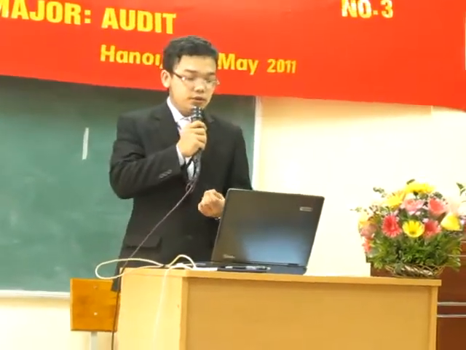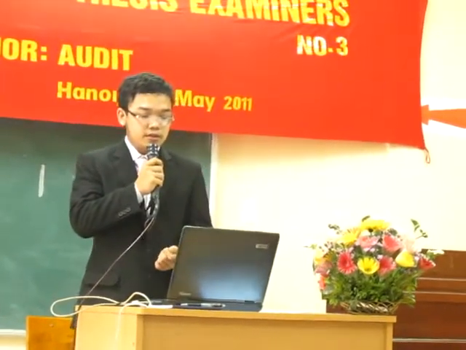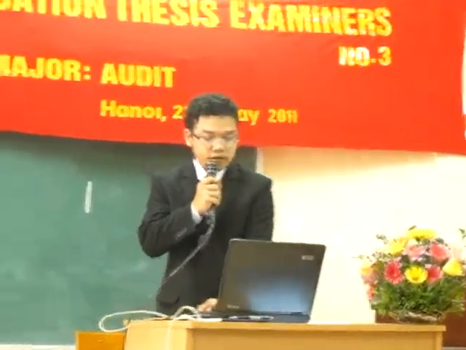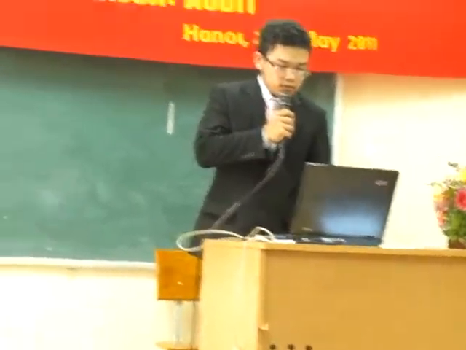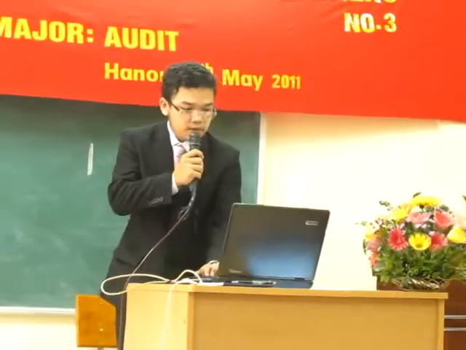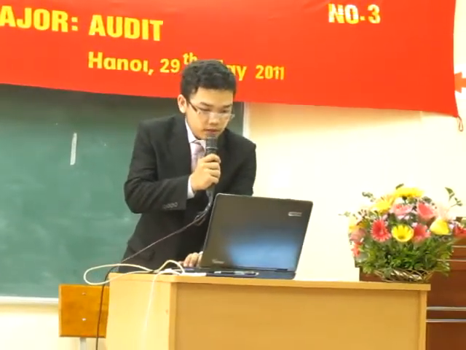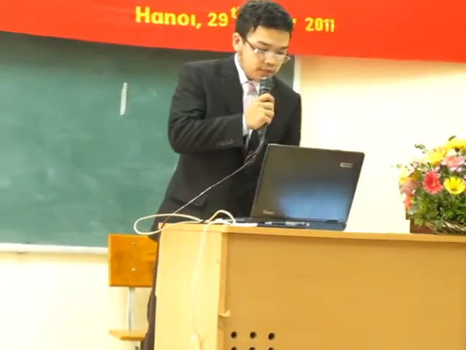Now I want to introduce in more detail the process of identifying and assessing the risk of material misstatement in financial statements performed by Deloitte Vietnam. Let's look at the diagram I give here. As you see, the process contains three main procedures.